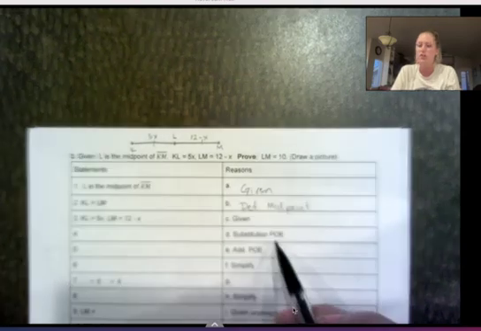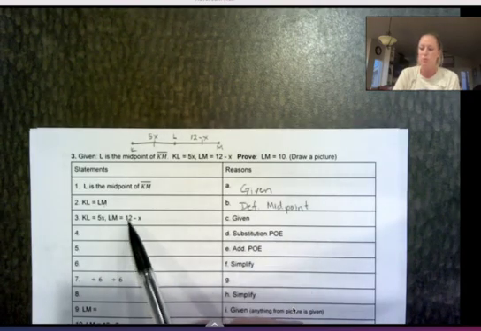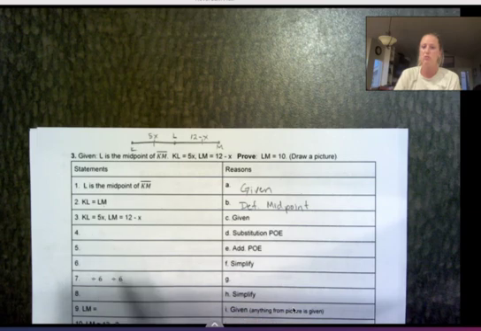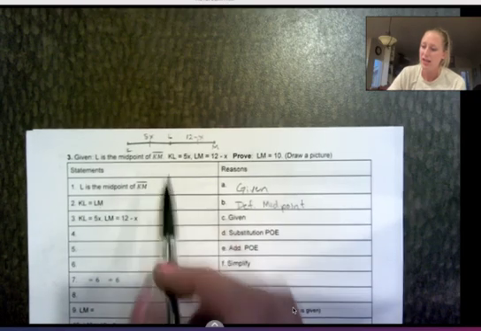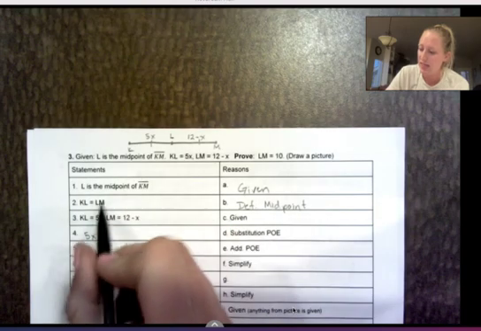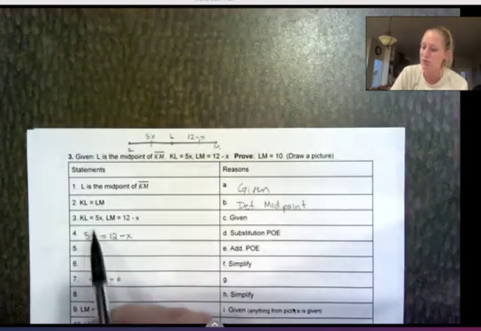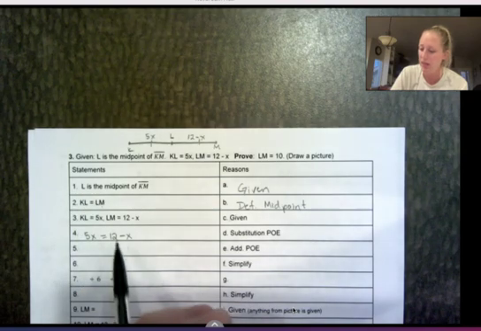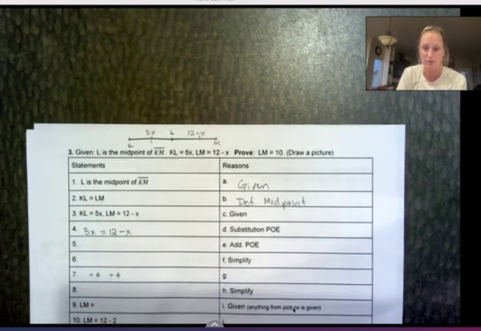Okay, so then they're saying, use substitution with what we already know to write an equation, right? We're trying to find x. So I know that KL equals LM, and KL is 5x. So instead of KL, I'm going to replace it with 5x. Instead of LM, I'm going to write 12 minus x. So I'm substituting 5x in for KL, 12 minus x in for LM. So that's why that's the substitution property.